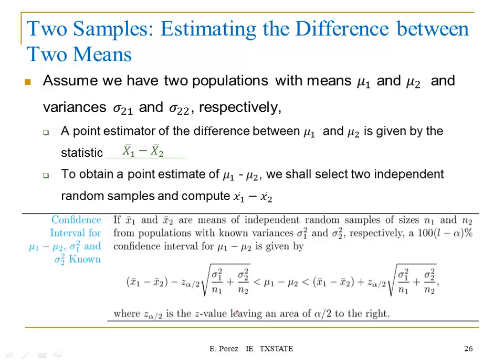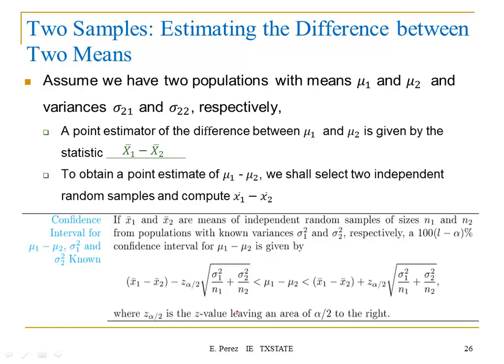This is the case in which we know the variances of both populations. So in this confidence interval, we are assuming that we know the variance of both populations. For such cases, we can compute a confidence interval for the difference of the population means using this expression.